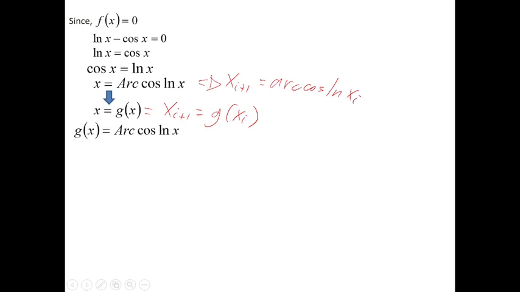So we have this. So g of x is arc cosine ln x. Say x sub 0 equals 1.5. So ulitin natin. So x sub I plus 1, delta x, 0. O ano yan?